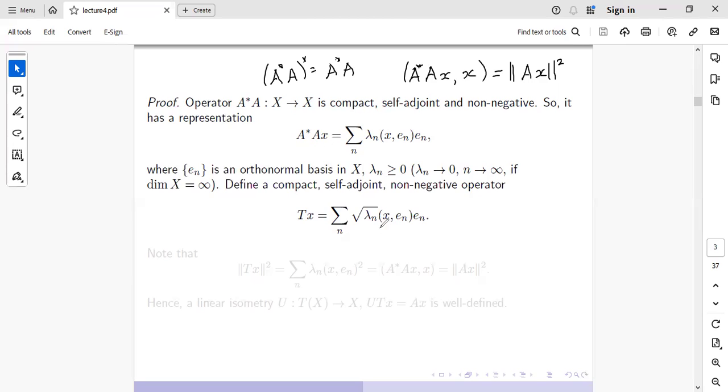So we can take square roots and define operator T in such a way. It is also self-adjoint, non-negative, and compact because lambda_n converges to 0.